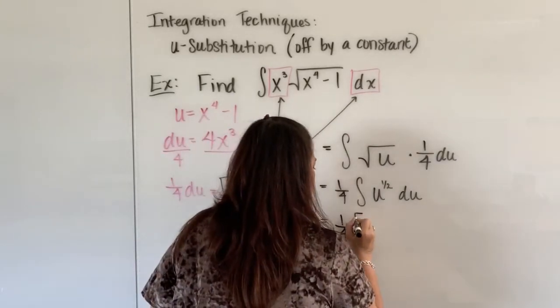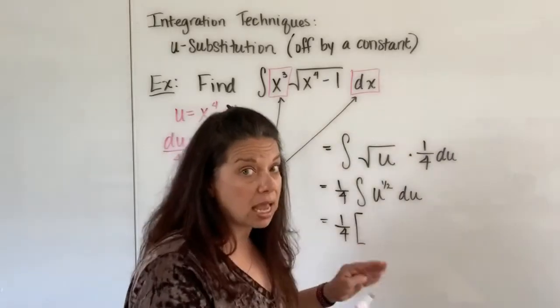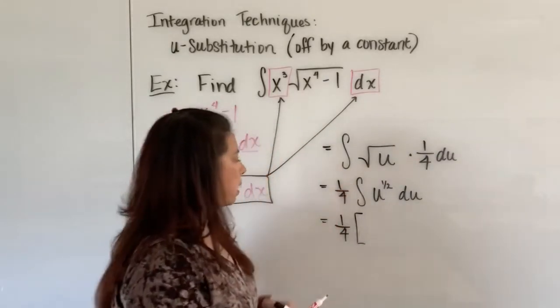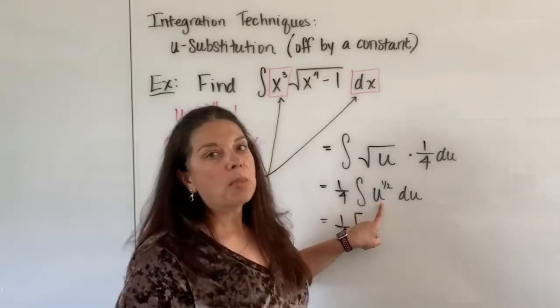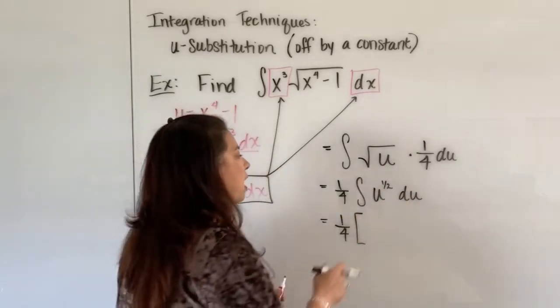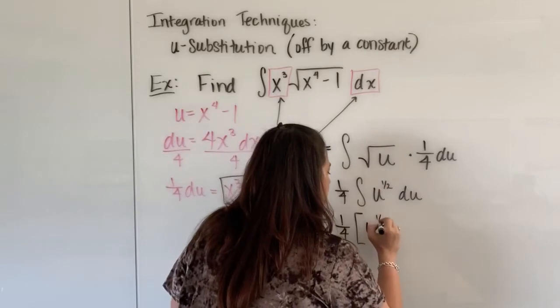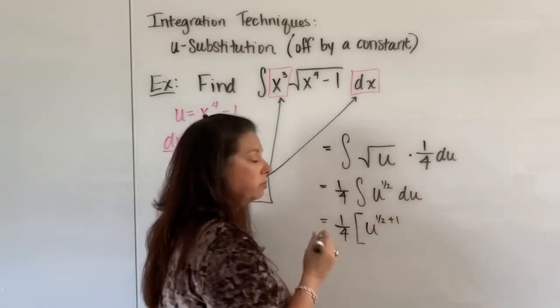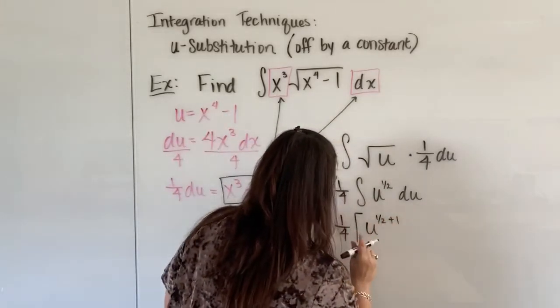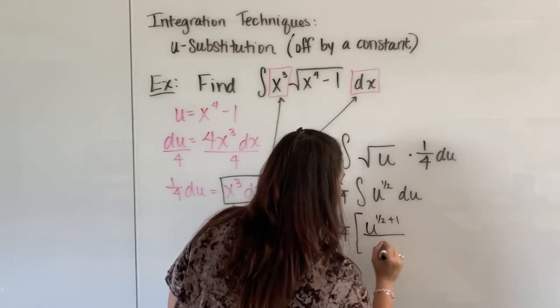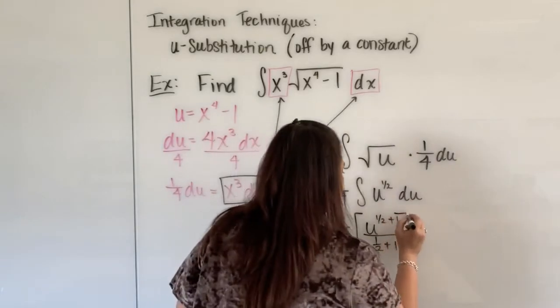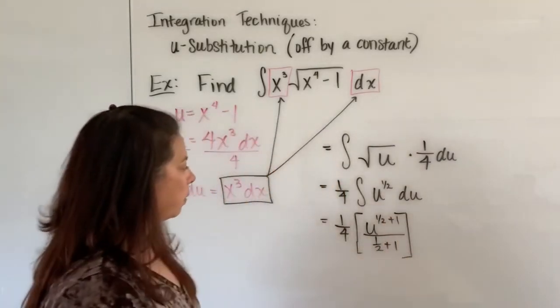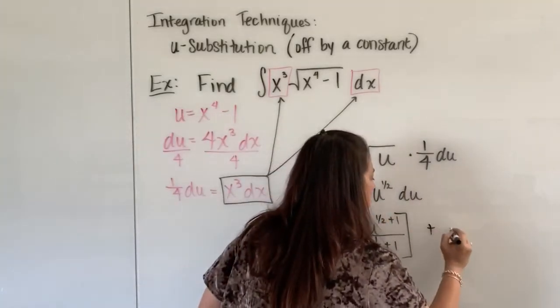Now I'm actually taking the integral here, so no need to write the integral symbol at this point. We're going to multiply by my antiderivative of this. So I have u to the 1/2, I'm going to add 1 to the power, but now I'm going to divide by the new power. Well, that was the 1/2 plus the 1 that I added to my power. And then of course I have to add my plus C.